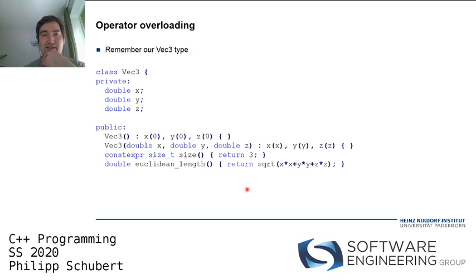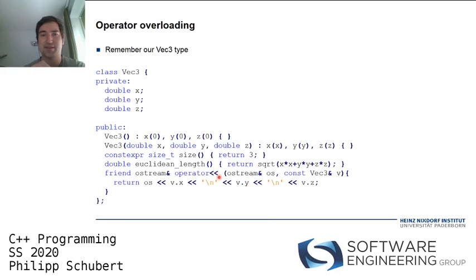What else? We had the Euclidean length function, that's good. And we also had the left shift operator here, which takes the individual double variables x, y, z and shoves them all into the output stream variable os, which is eventually returned from that operator implementation. Why is operator left shift declared as a friend? Again, because we are defining it in the type definition here.